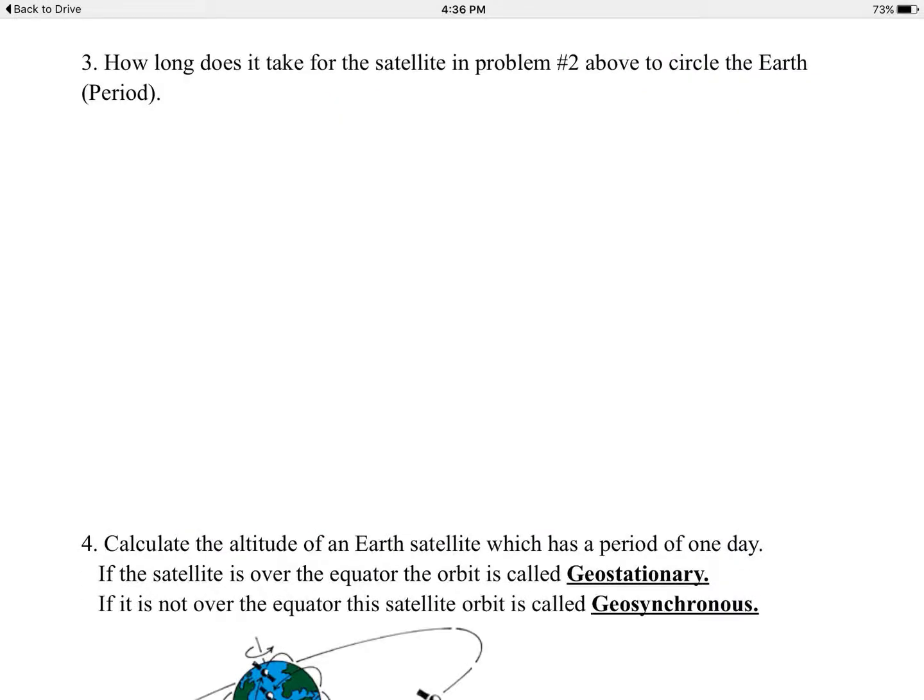So how long does it take for that satellite from the previous problem to circle the Earth? What's the period? Well, we can use Kepler's third law once again, which is the long way to do it. I'll do it the long way first. T squared equals 4 pi squared over G m sub 1 times r cubed. So we're looking for T in this case.